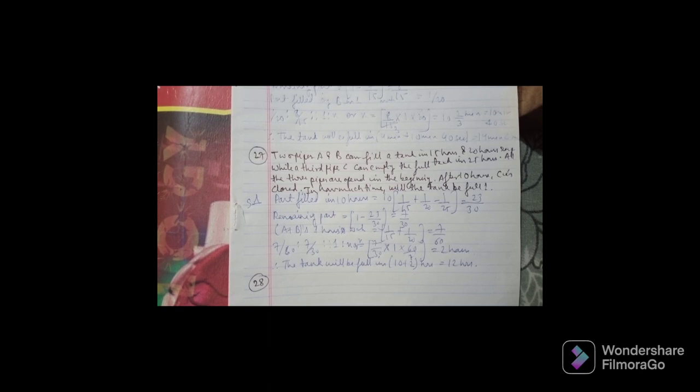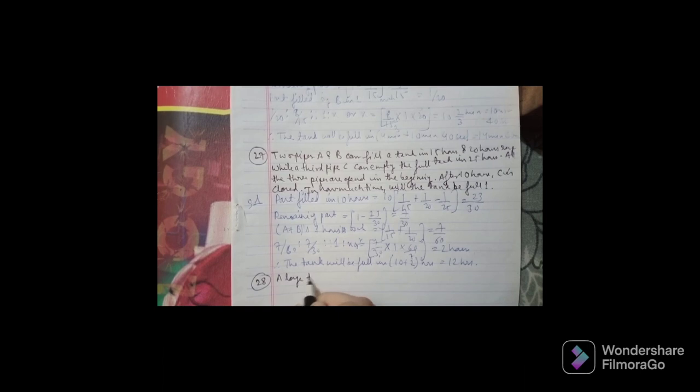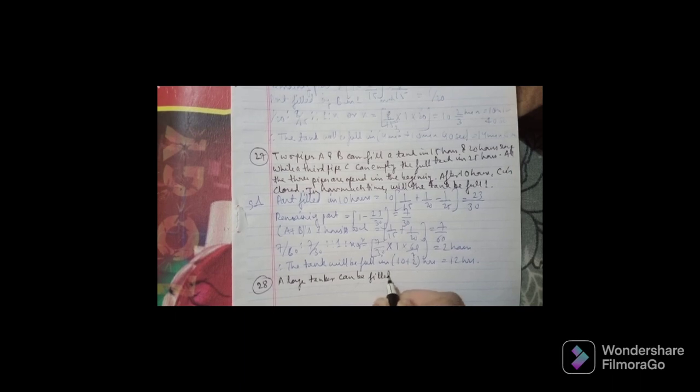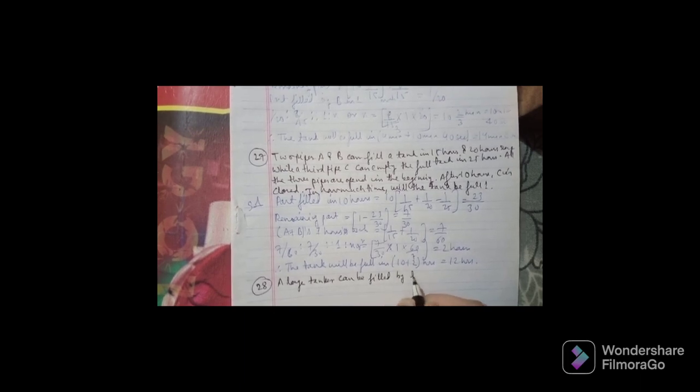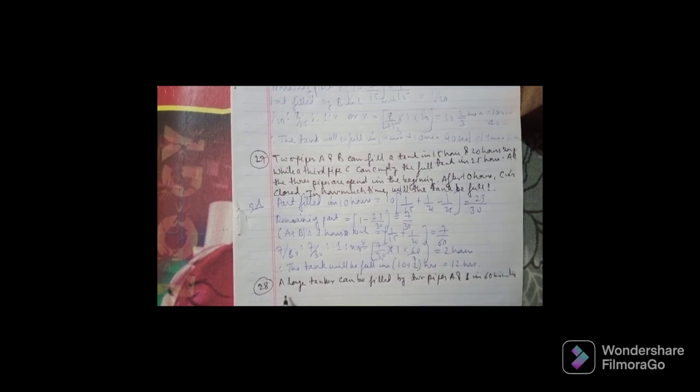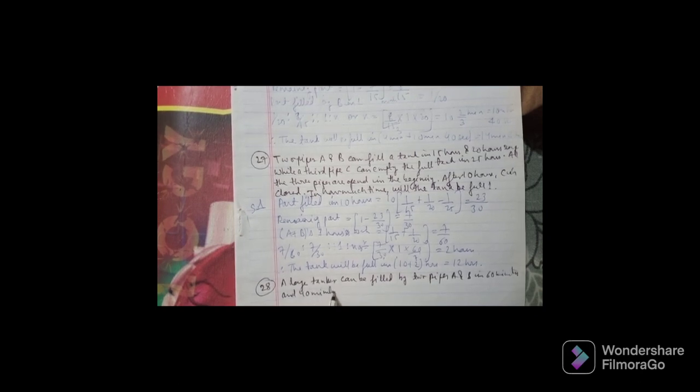So let's find out the same here. A large tanker can be filled by two pipes A and B in 60 minutes and 40 minutes respectively.